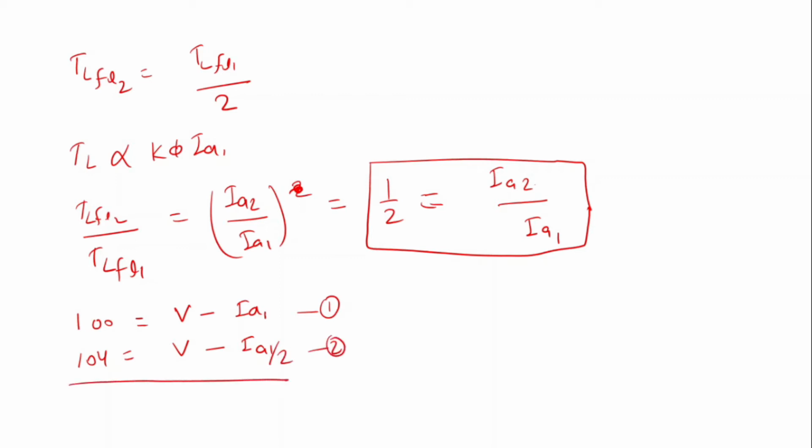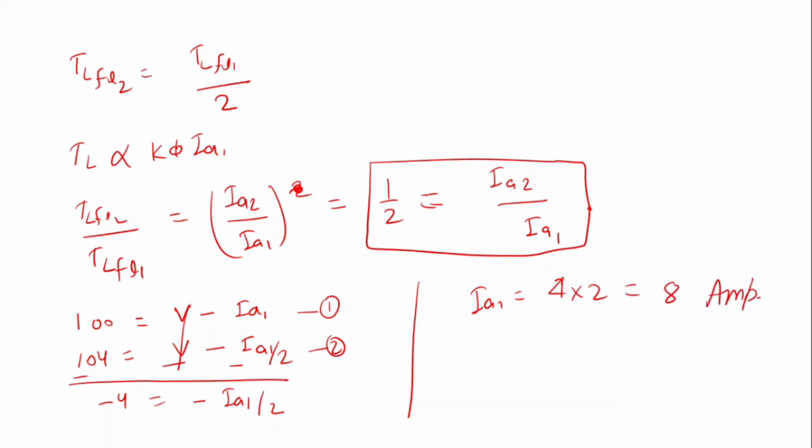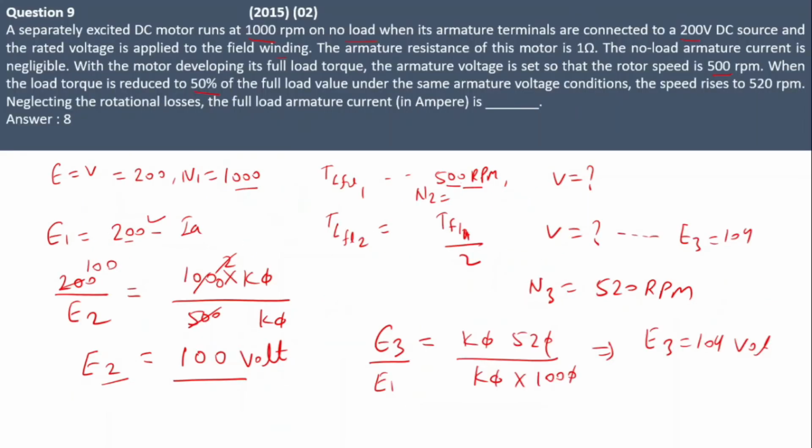After solving these equations, you will get minus 4 equal to minus IA1 by 2. So you will get IA1 equal to 8 amps. Take a screenshot of this solution and easily you can understand.